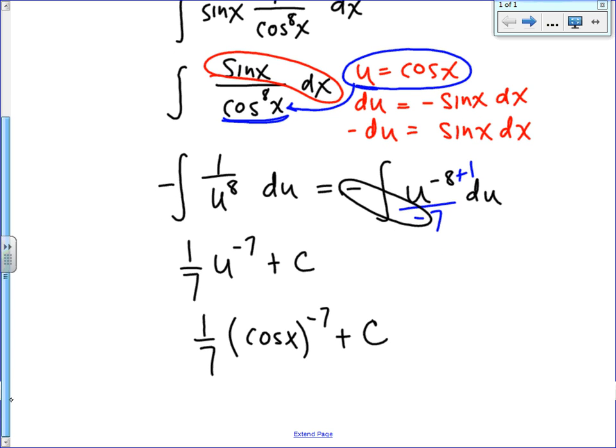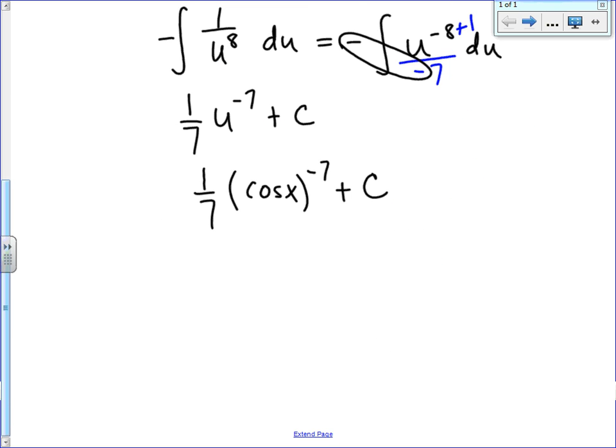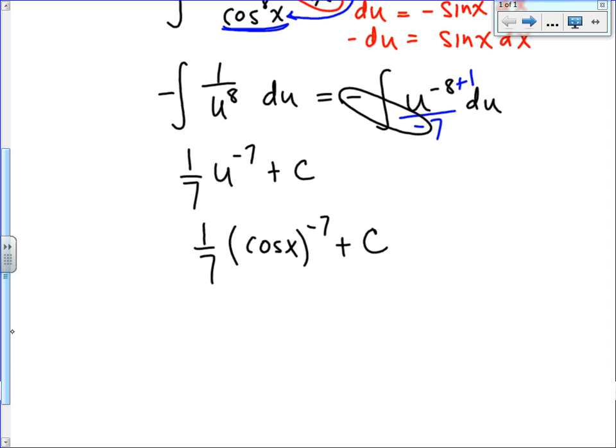And again, we can further reduce that to be 1 over 7 cosine to the 7th x plus c. And essentially that's our answer.